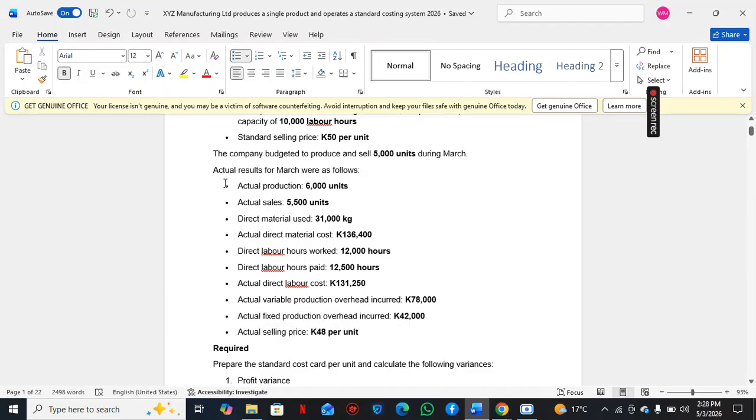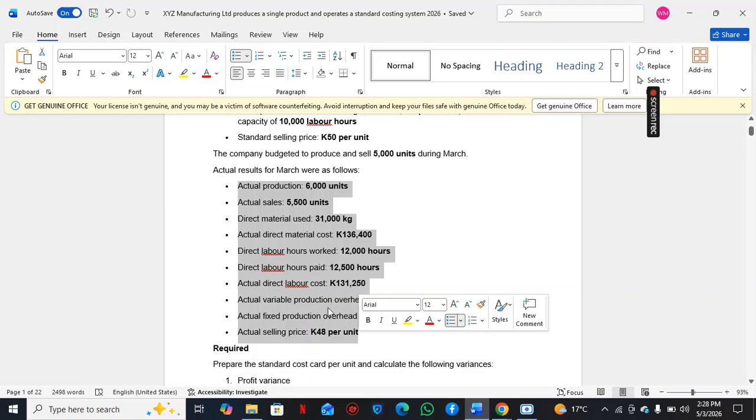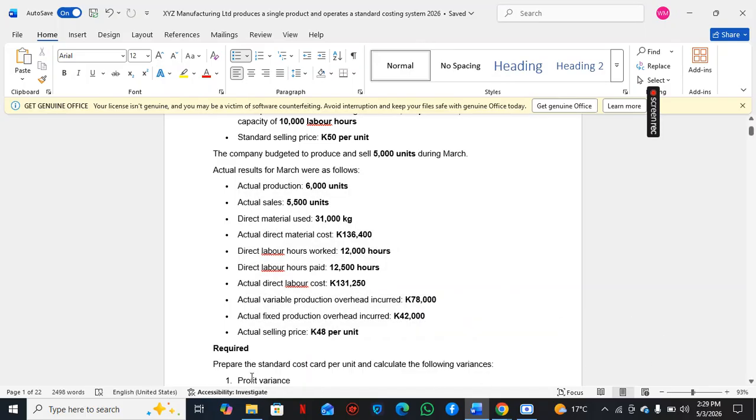These actual results are going to be compared against the standards or budgeted information to see if we spent more or were more efficient, or spent less and were less efficient. So the first question is to prepare the standard cost card per unit and then calculate the following variances. First, we're going to prepare the standard cost card per unit.